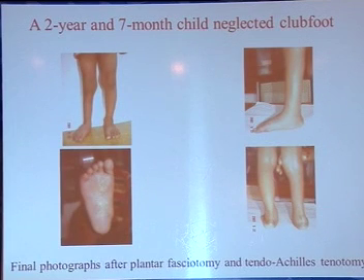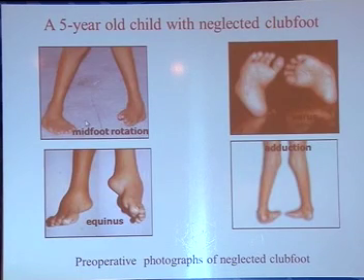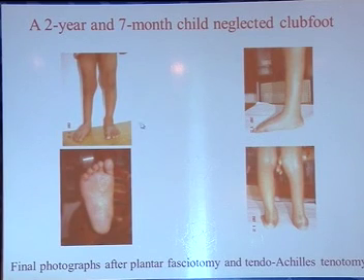You can see the final photograph after the plantar fasciotomy and the tendon Achilles tenotomy. So again you take 4 photographs. You see from the top, you see from the side, you see from the plantar surface, and you see from the back. The DiMeglio classification is good.